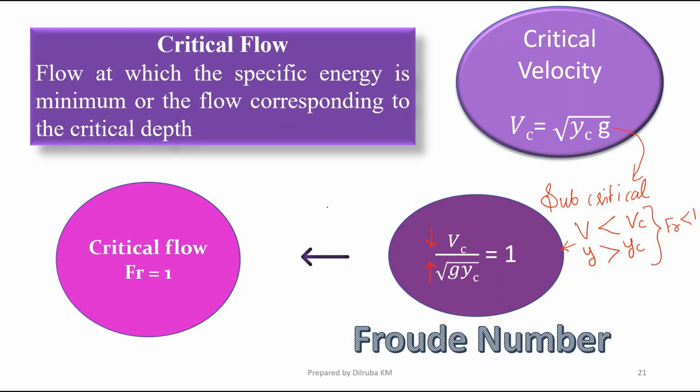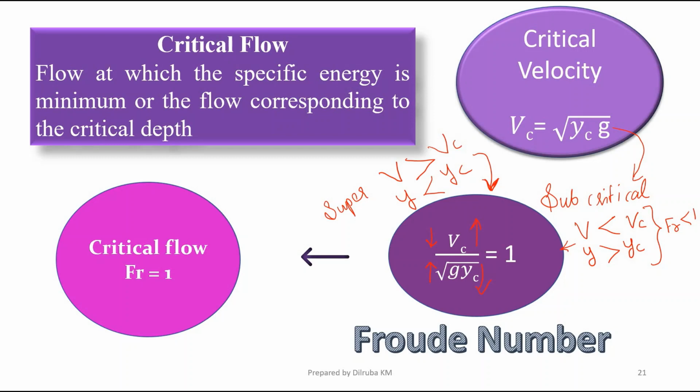Now when we look at supercritical flow, we have velocity greater than critical velocity and depth less than critical depth. So when we look at the equation, the velocity is increasing, that is the numerator is increasing, and the denominator is decreasing. When the numerator increases and the denominator decreases, the total value will increase.